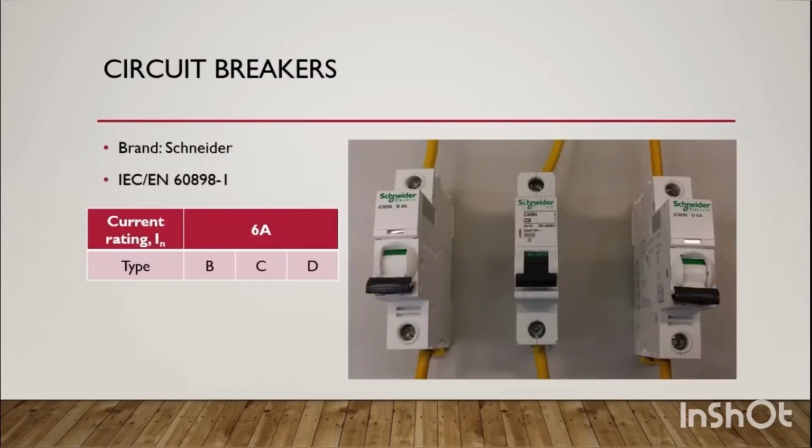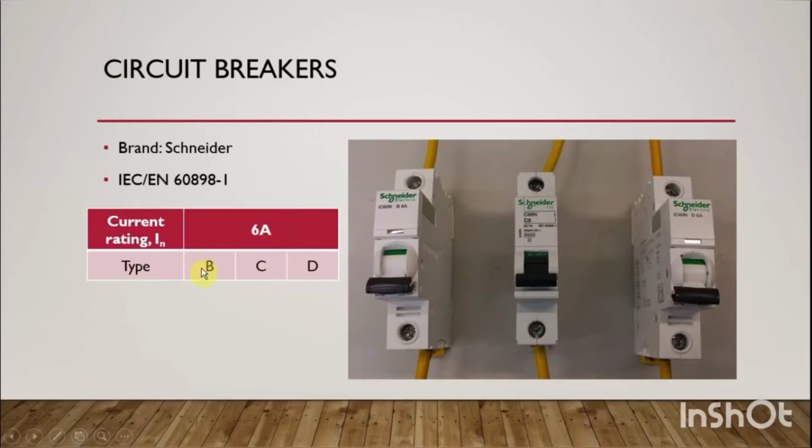So in this experiment, we are testing the time current characteristics of these 3 MCBs. The brand is Schneider. So we have the MCB type B 6A, type C 6A, and type D 6A.